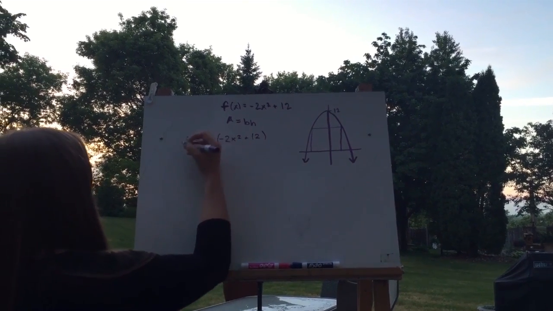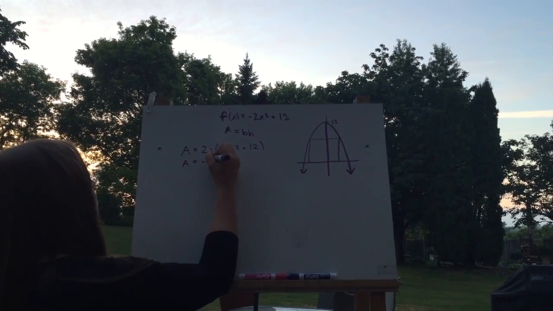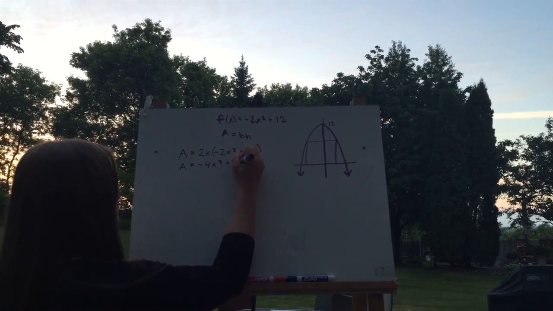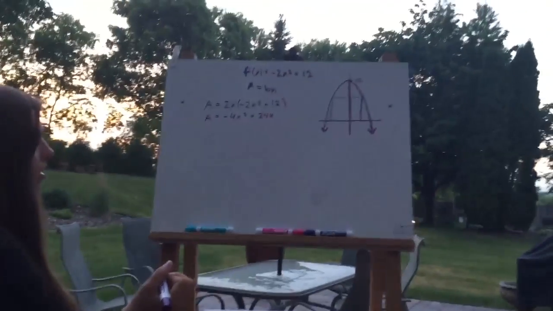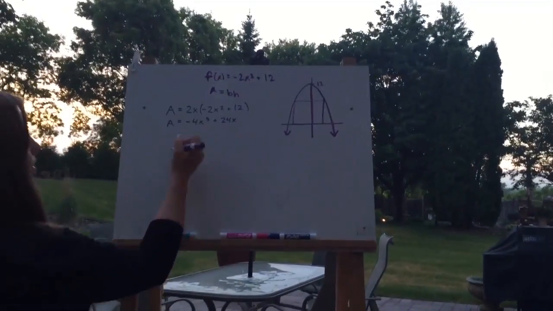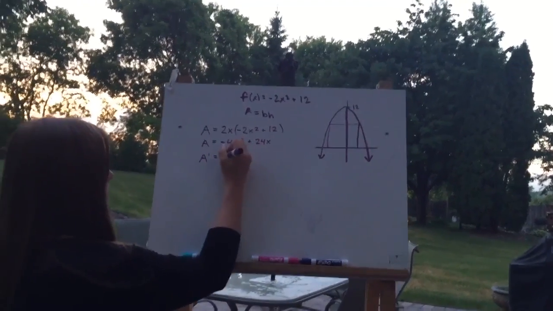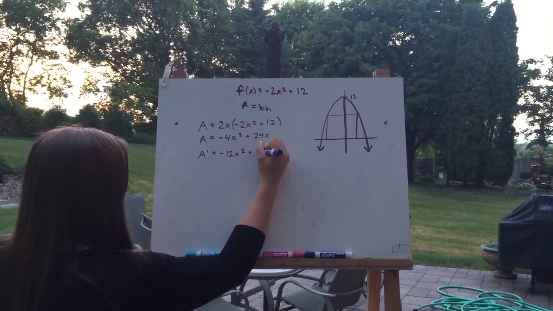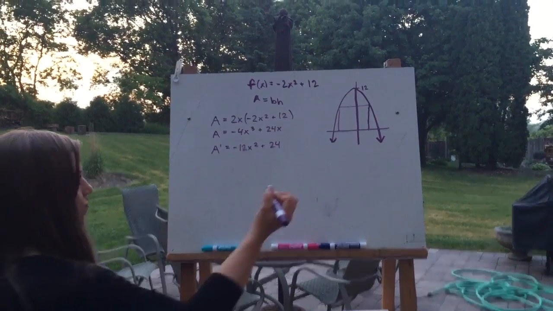And we're going to distribute. Okay, then from there we're going to take the derivative to find the maximum rectangle. And then set that equal to 0.